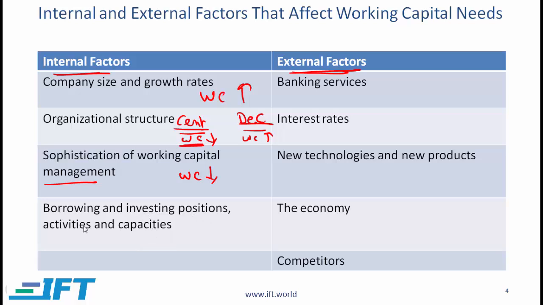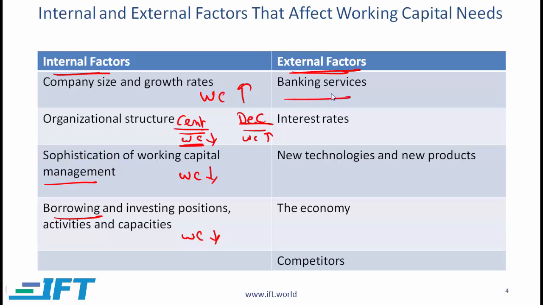A company that can borrow relatively easily, invest relatively easily, liquidate relatively easily will have relatively lower working capital requirements. On the other hand, a company that cannot borrow easily will try to play it a little safe and maintain relatively high working capital. On the right, we list the external factors.